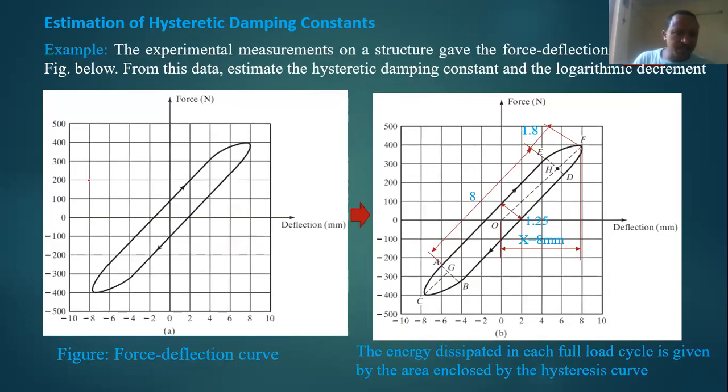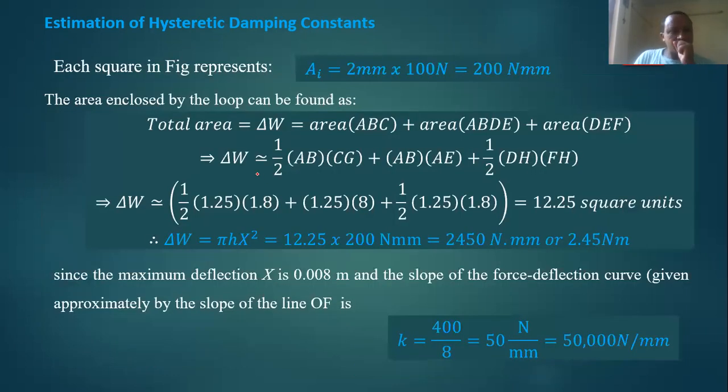For example, the area of this cross section is equal to height 100, and from here to here 2, so 100 by 2 gives us 200 Newton millimeter, because this is given in millimeter.